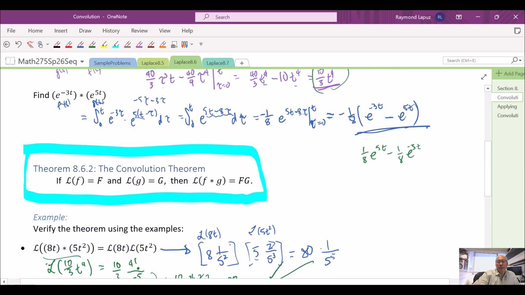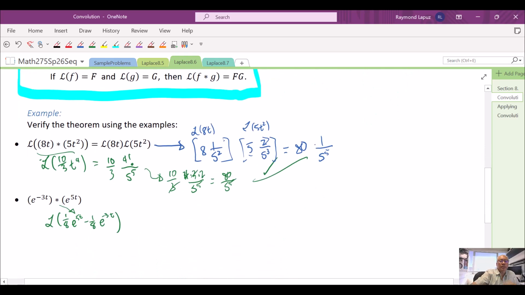And let me just take a peek to make sure that is correct. We'll break it up into two Laplace transforms, 1/8 times 1 over s minus 5, minus 1/8 times 1 over s plus 3. All right, leave it like that.